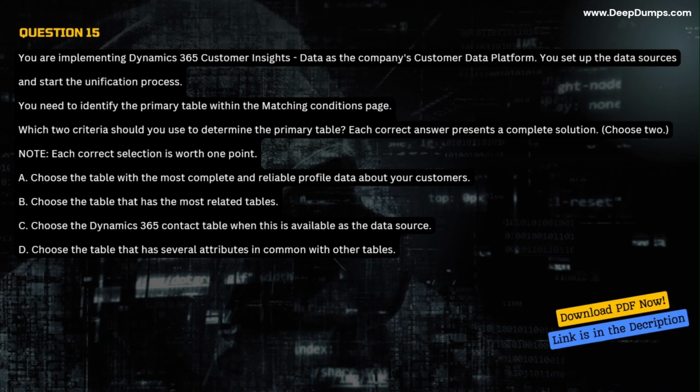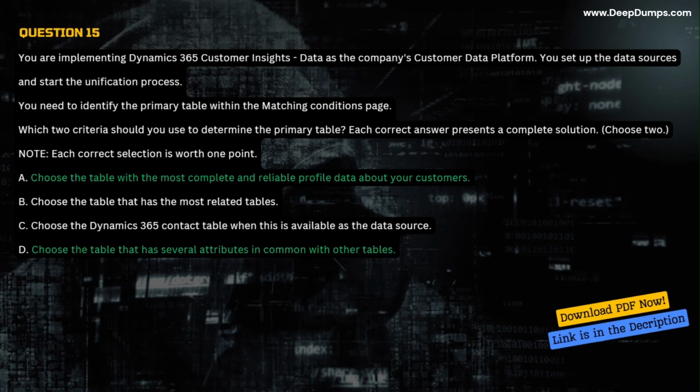A. Choose the table with the most complete and reliable profile data about your customers. B. Choose the table that has the most related tables. C. Choose the Dynamics 365 contact table when this is available as the data source. D. Choose the table that has several attributes in common with other tables.